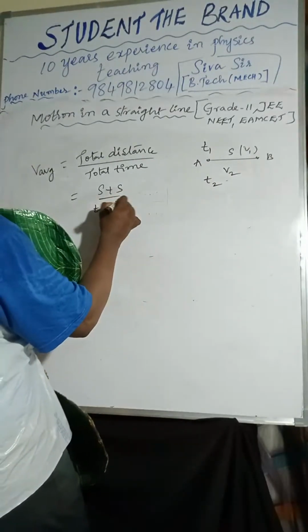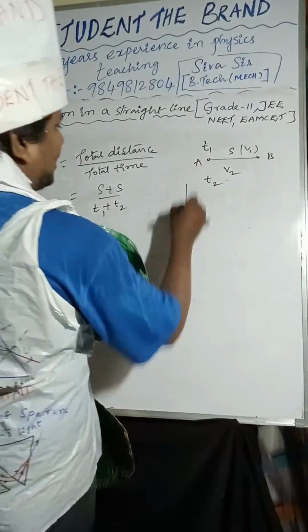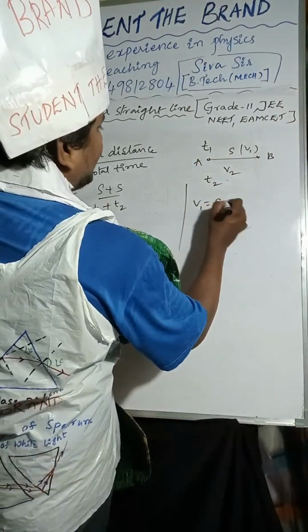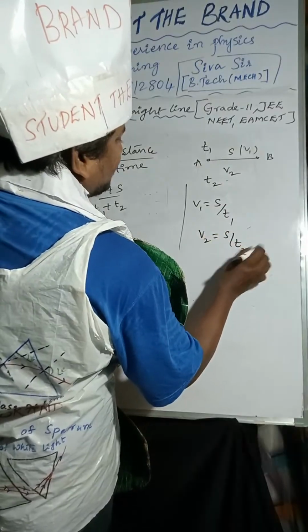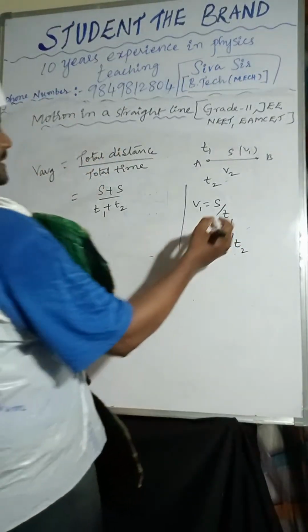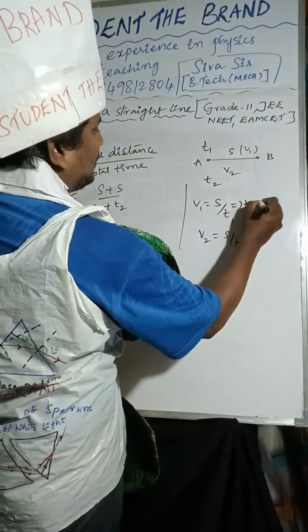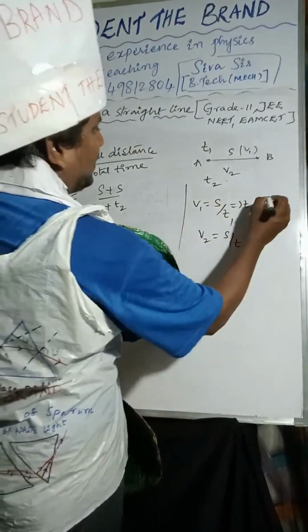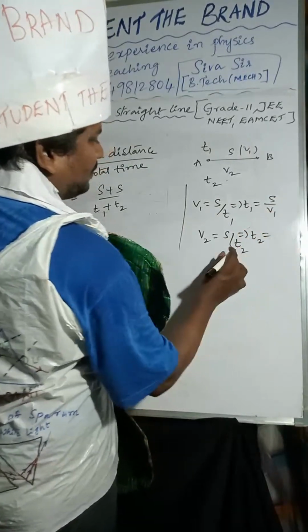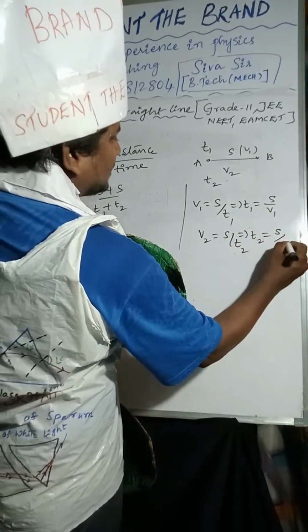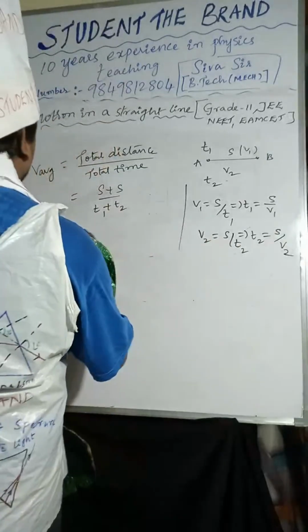So T1 plus T2. Normally V1 equals S by T1, and V2 equals S by T2, because the same distance. Now T1 equals S by V1, and T2 equals S by V2. So substitute the values.